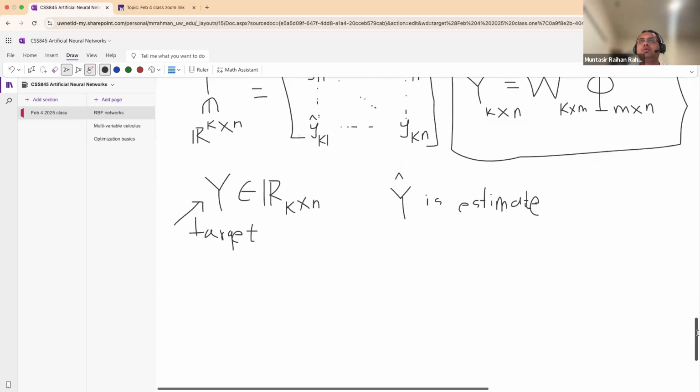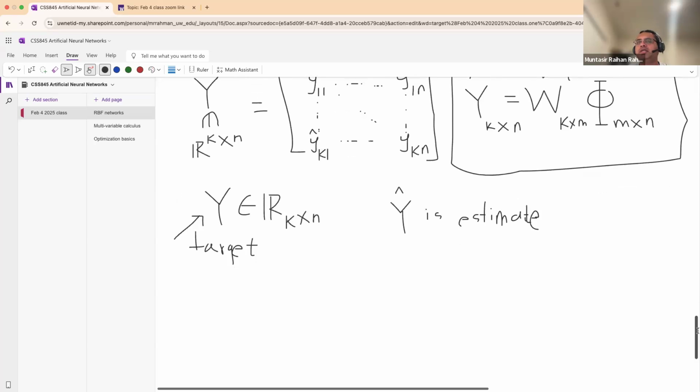Why are we trying to tune the weights in this case? How do we know that we have a good value of weights in the context of this target y and our estimated output matrix y hat?